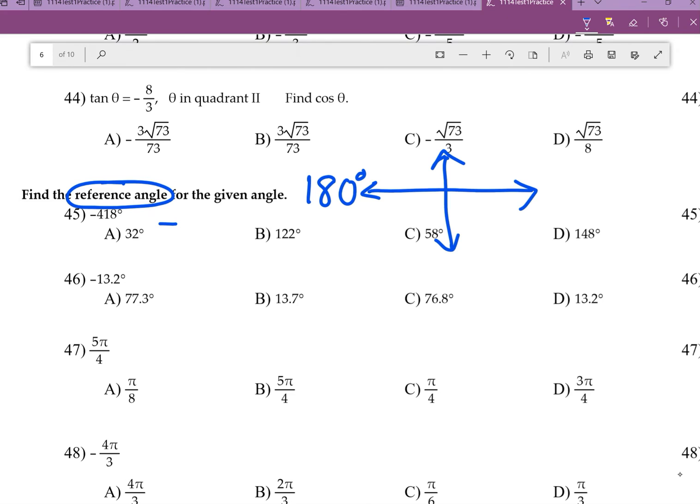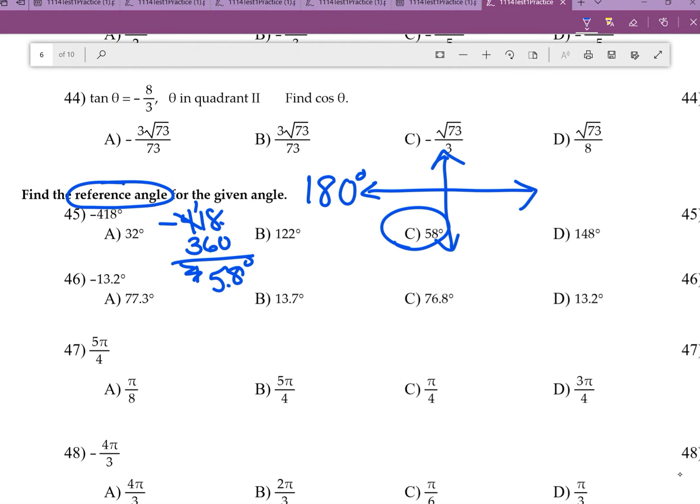If I have negative 418 and I do one full rotation, I am left with 58 degrees. In this case it should be a positive, right? And so, there you are.